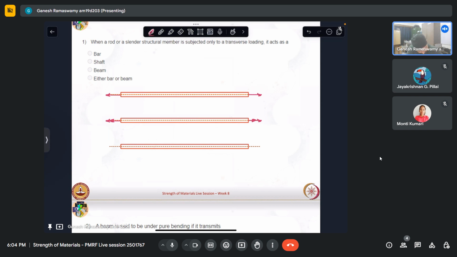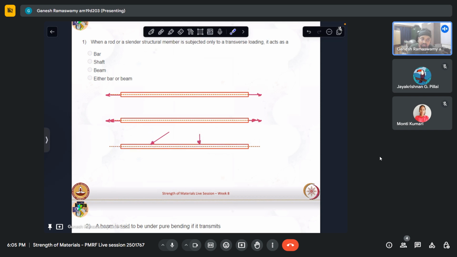Or rather, let us say that I have transverse loading that is perpendicular or at any arbitrary angle to its axis. One of its components will get resolved into an axial pull or push, compression or tension onto the member, and the other one would essentially be transverse to the axis of the member.